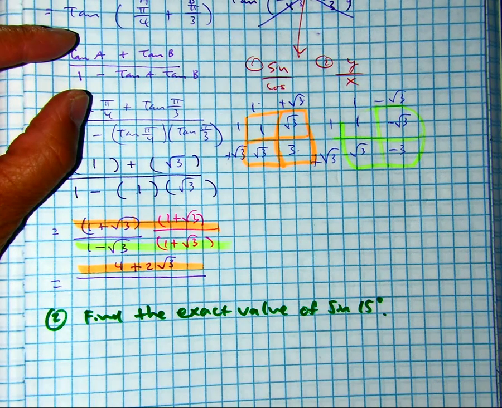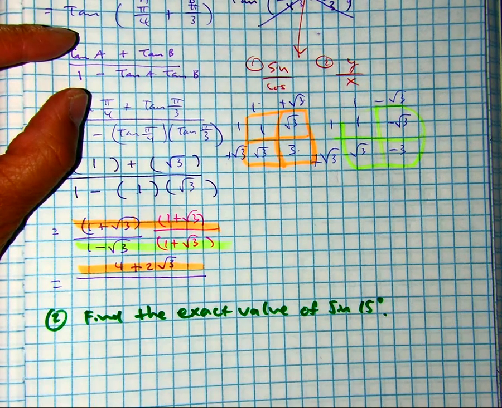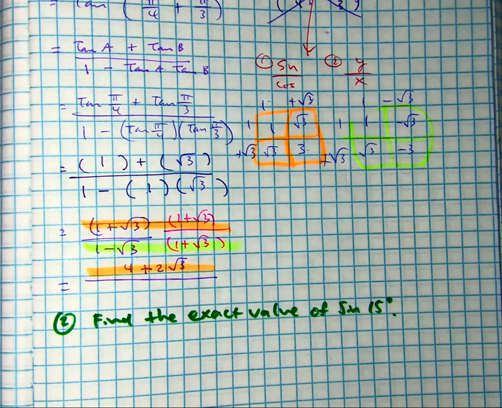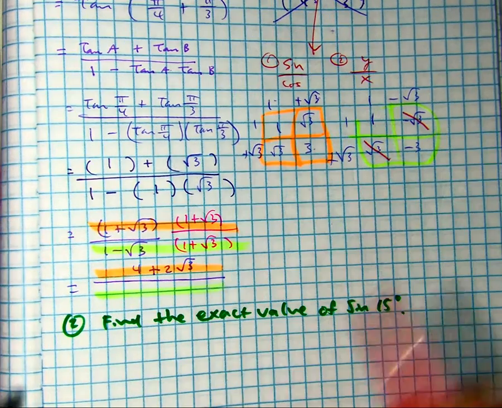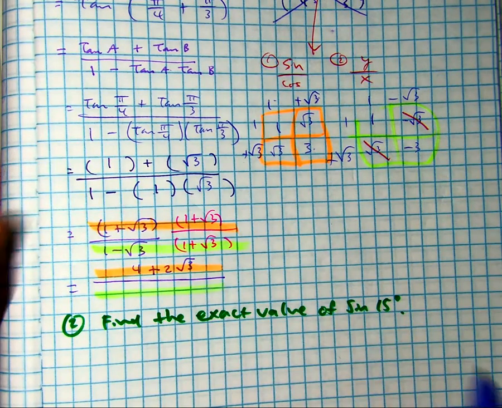Go ahead and combine like terms. So we cancel out the radical 3 with negative radical 3, so that gives us only 1 minus 3, which is negative 2. Correct.